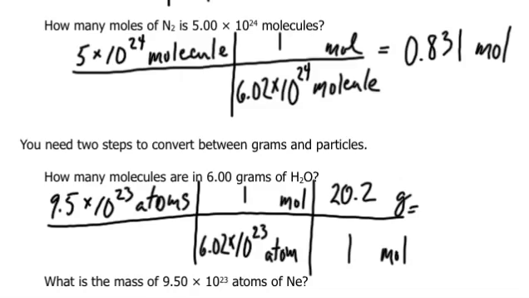Okay, so multiplying it all through, you have 9.5 times 10 to the 23 times 20.2, and all of that divided by Avogadro's number, 6.02 times 10 to the 23, equals 31.9 grams.